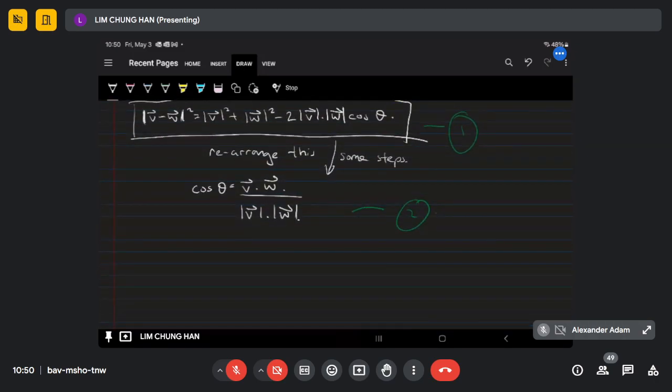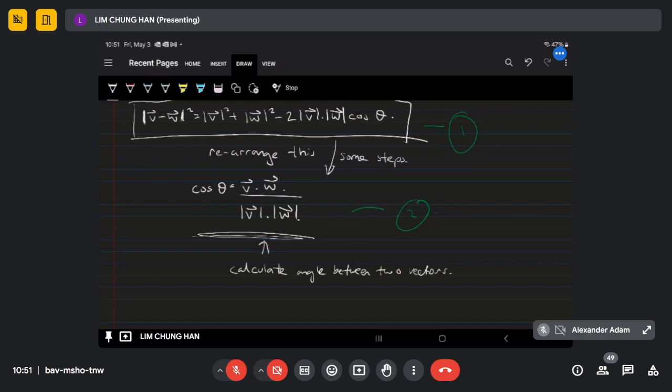So basically we end up with a formula to calculate the angle between two vectors.